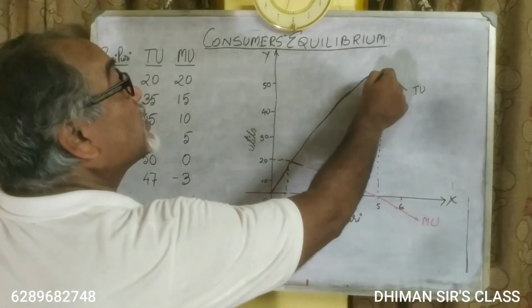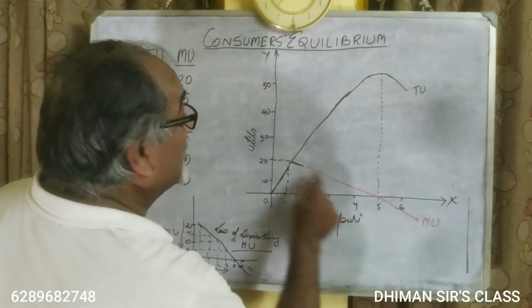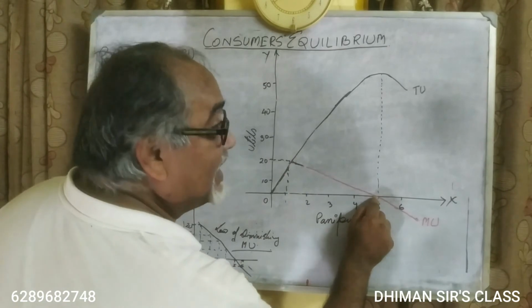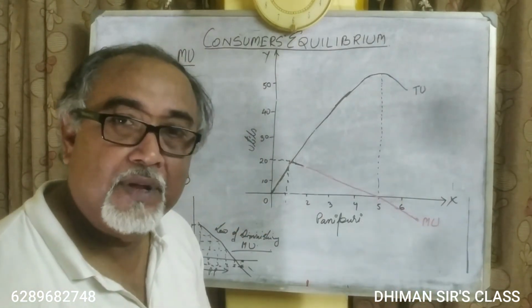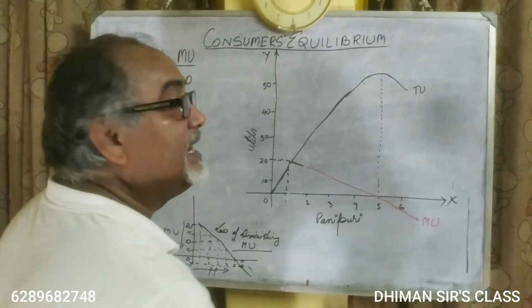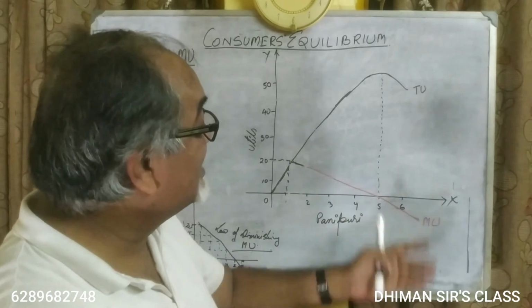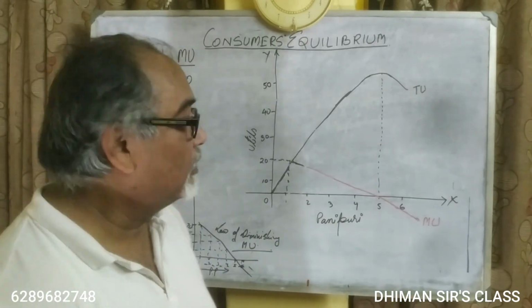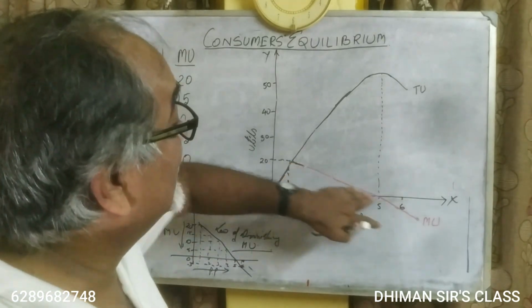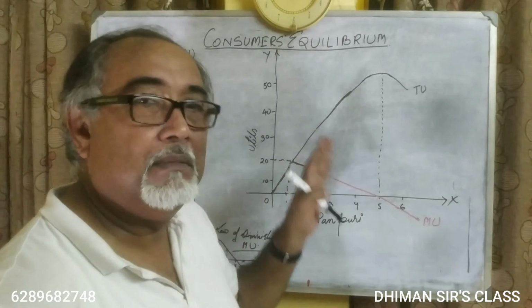Now, when this total utility is constant, at that very point only you will find by that time marginal utility has intersected the x-axis. Means marginal utility has become zero. After that, marginal utility becomes negative. So, marginal utility I have shown with the red color and total utility I have shown with the black color.